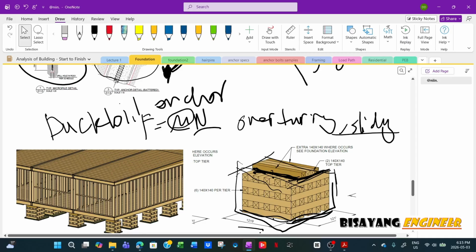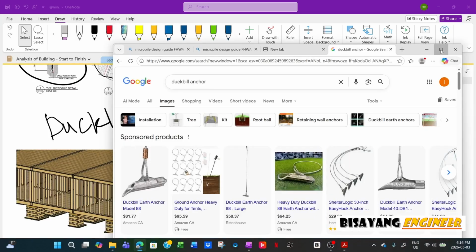Let me check if I can search it on the internet. Duckbill anchor. So this is what's called a duckbill anchor.